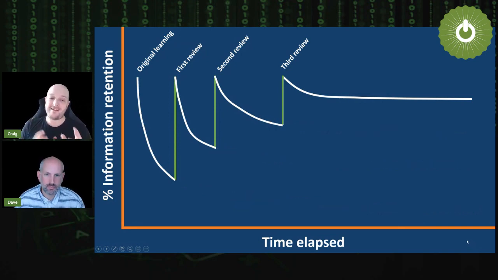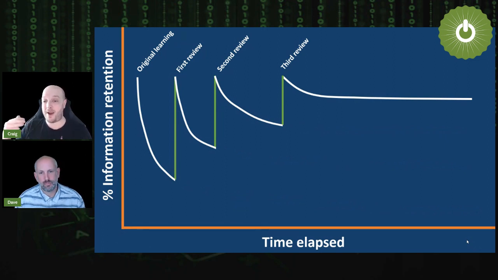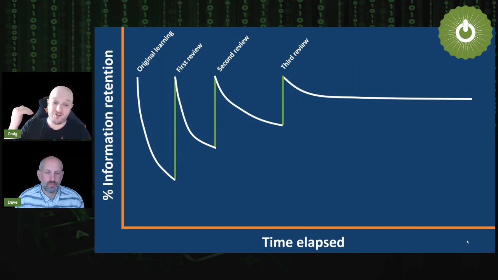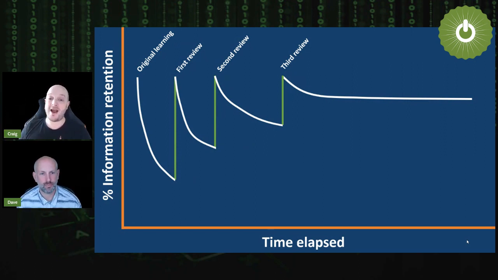You can see effectively what's happening here: if from the point you gain the knowledge to the point you're being examined, you have opportunities to revisit that learning multiple times, then each time you revisit it, you're bringing the knowledge back into your short-term memory, consolidating that information, creating more cognitive links, and you retain the information for longer and better, essentially.